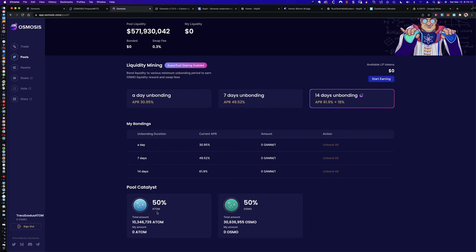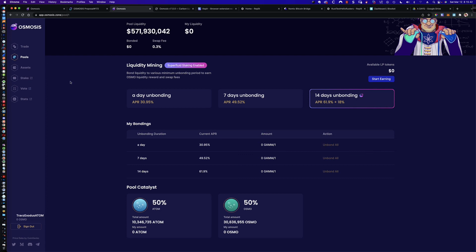This is really what superfluid staking is going to lead up to. This is what Sunny refers to as superfluid staking version 2, because version 2 is really going to be inner fluid staking, where I would be able to earn an APR and provide security with my Atom on the Atom blockchain, like I do on the Osmo blockchain.